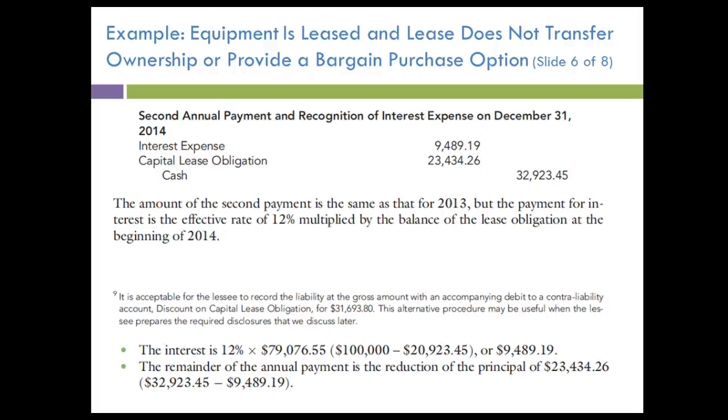At that 12% rate is going to give us an interest expense of $9,489.19. Again, we know our annual payment of $32,923.45. So the difference between that annual payment and the interest expense is going to be that lease obligation.